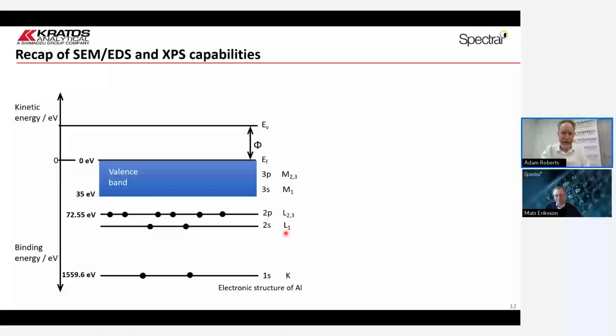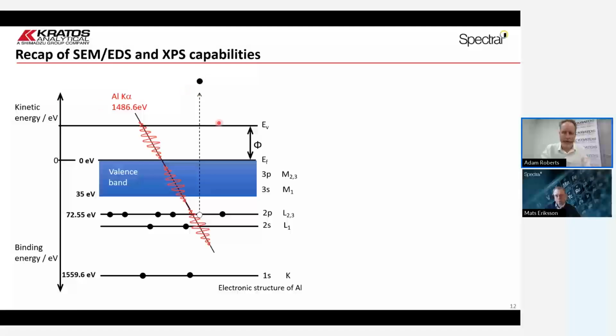So for XPS, we have a monoenergetic X-ray beam. Classically, that's using aluminium K alpha, and that X-ray photon has enough energy to excite a photoelectron from either a particular core level, or the loosely bound valence electrons. And it's this photoelectron which we're measuring.